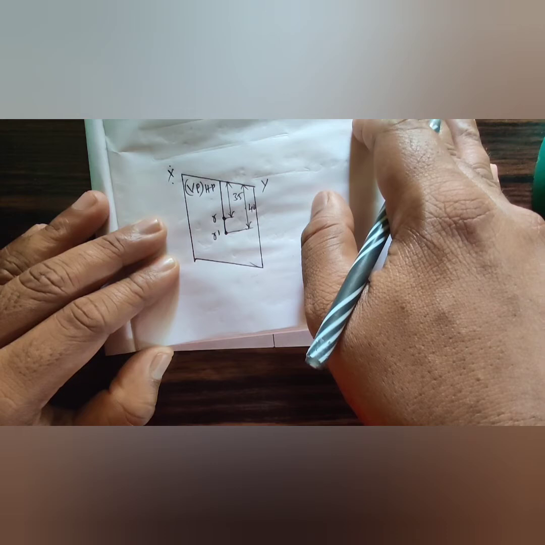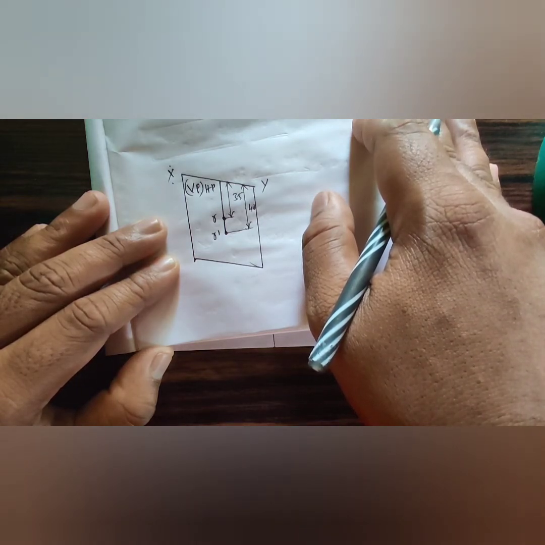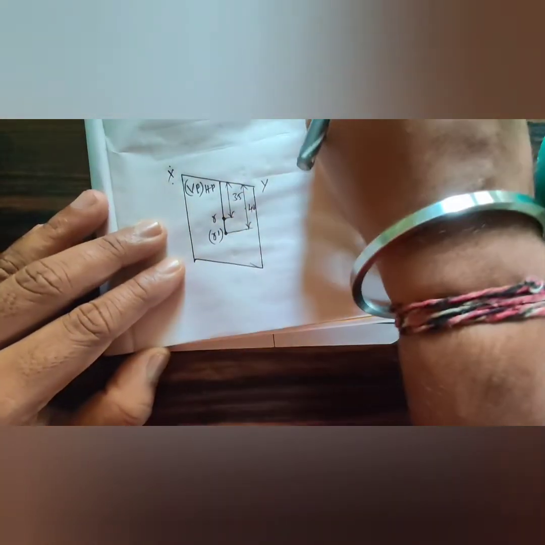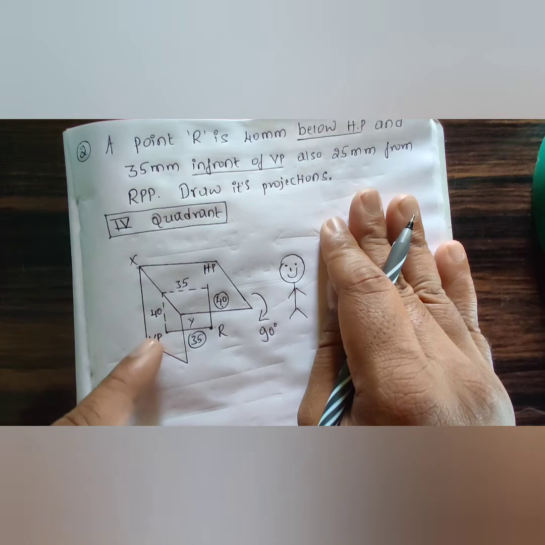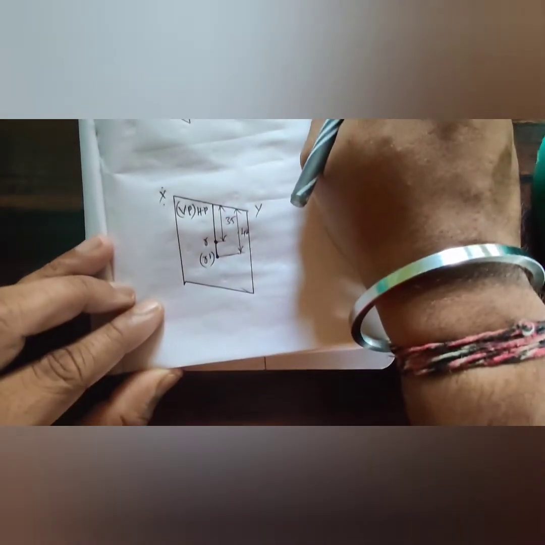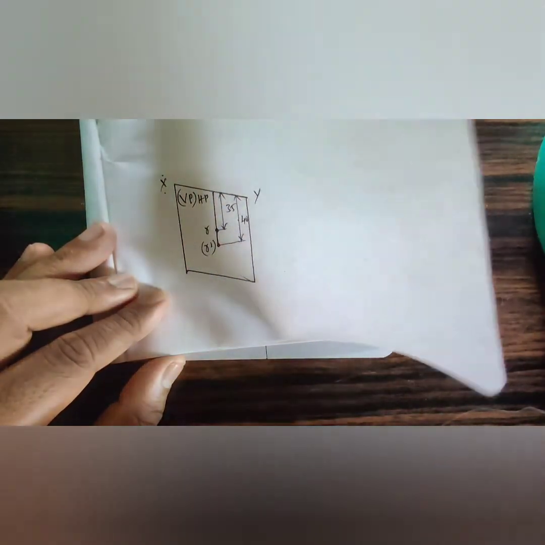Also on VP we can see the top view or front view. So the front view should be within the bracket, because on VP the 40 distance will come, so for the 40 distance we have to put a bracket because it is hidden because of HP after rotation.